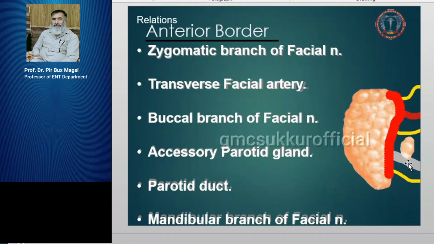This one is the parotid duct, which is about 5 centimeters long and opens opposite the second upper molar tooth. And then the marginal mandibular branch of the facial nerve.